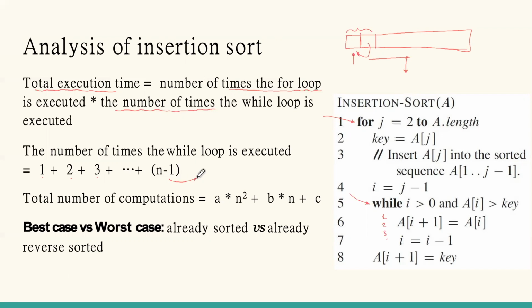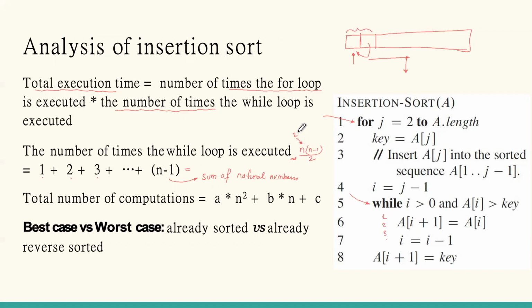Clearly, this is a sum of natural numbers, which is approximately n times (n minus 1) divided by 2. This is how much time it takes to execute the while loops. Clearly, there's an n squared term here.